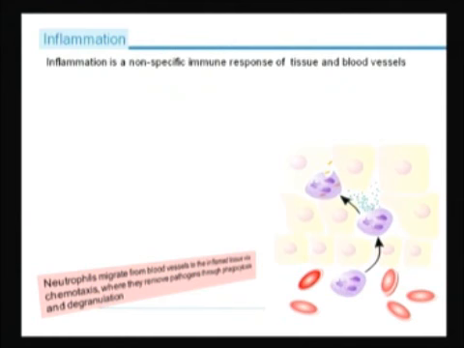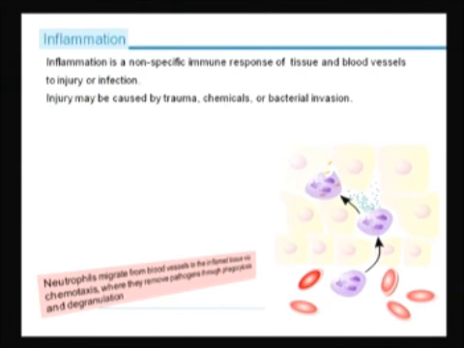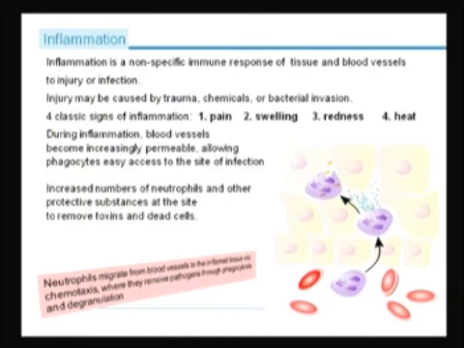Also, a quick reminder that inflammation in general is not only a bacterial or infectious inflammation, it's a non-specific immune response of tissue and blood vessels to injury or infection. It might be due to trauma, chemicals, or bacterial invasion. The four classic signs of inflammation, pain, swelling, redness, and heat, are still valid.